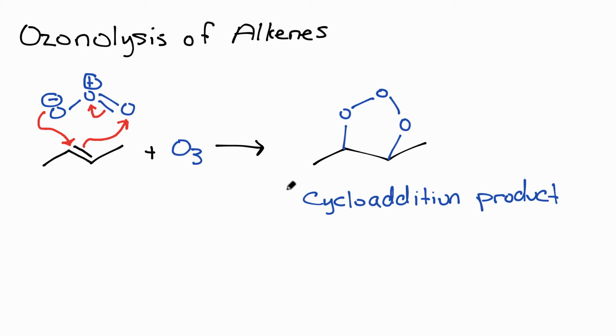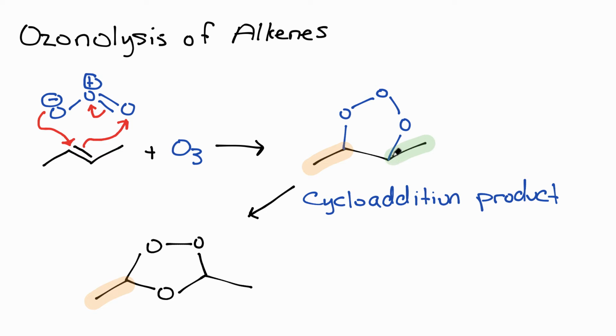But what happens is this then undergoes a conversion to give you this ozonide. Just to keep track of things, here are the 2 carbons of the alkene which end up here.